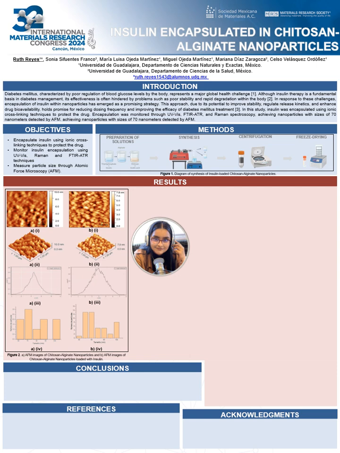Regarding the results, let's discuss AFM. To analyze the samples, we deposit our nanoparticles by dripping or via spin coating onto a substrate. Once analyzed, we obtain the following images. The images in column A correspond to nanoparticles without insulin and with concentrations defined as normal or base conditions.